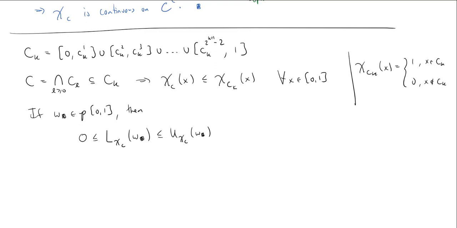That's not a problem. But because chi_C is always less than or equal to chi_{C_k}, I know that the upper sum of chi_C is going to be less than or equal to the upper sum of chi_{C_k}, again evaluated on this W.